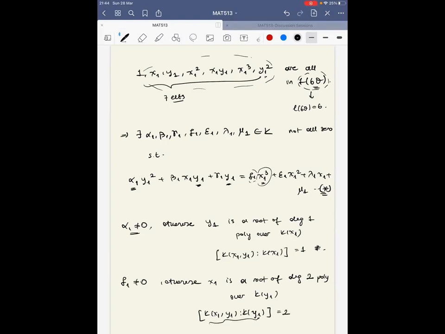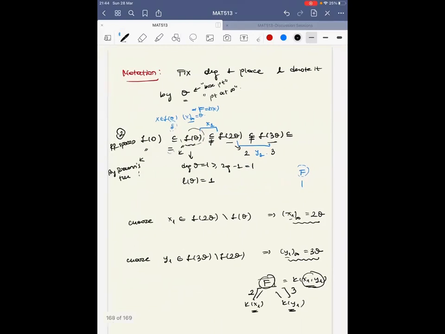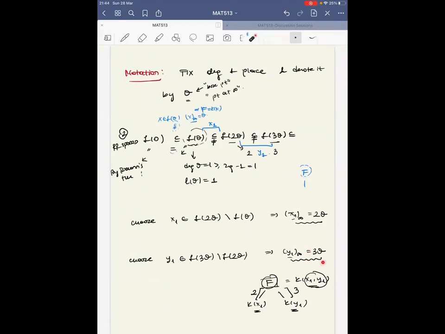But this gives us a contradiction because we know that this extension degree is the degree of the pole divisor of y1.